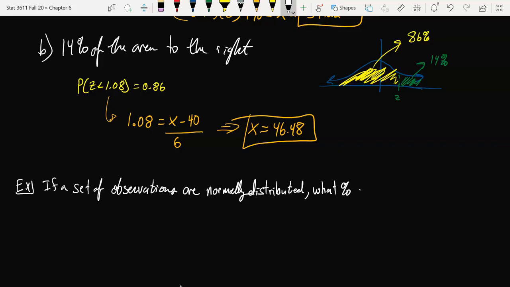What percentage differ from the mean by more than 2 standard deviations? 2 sigma.